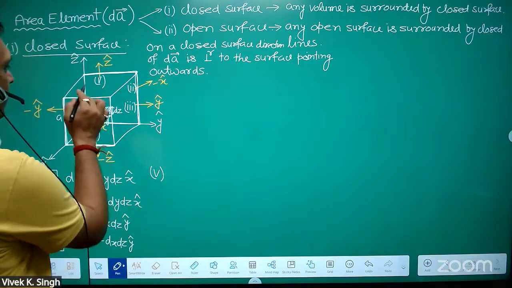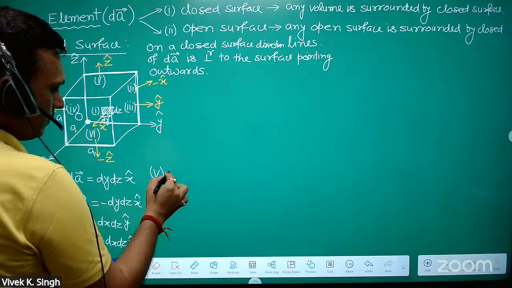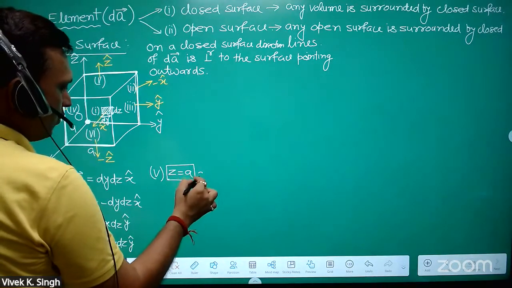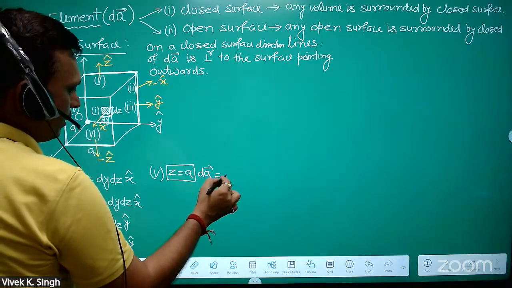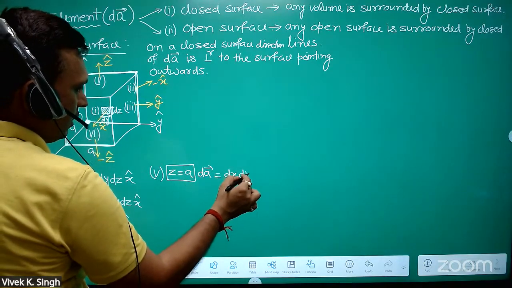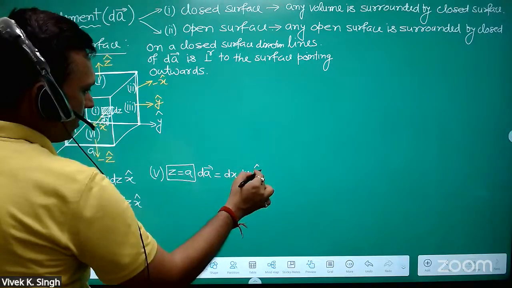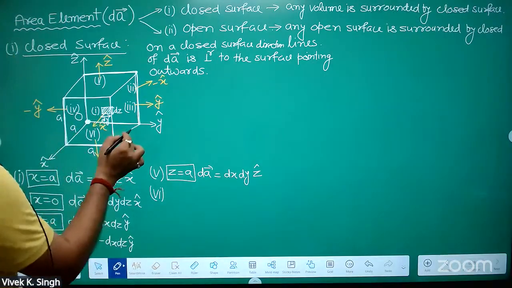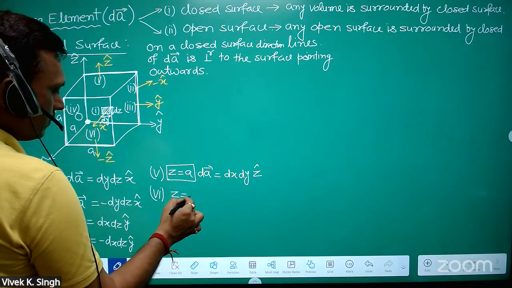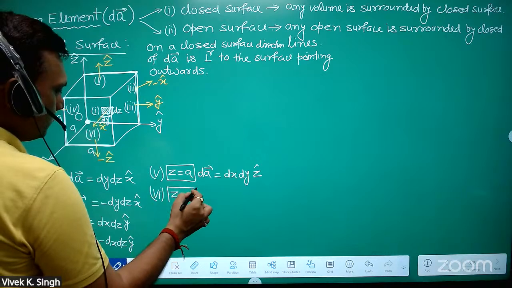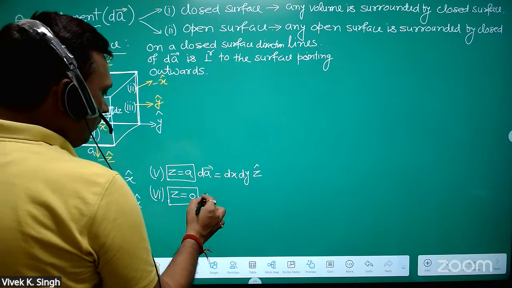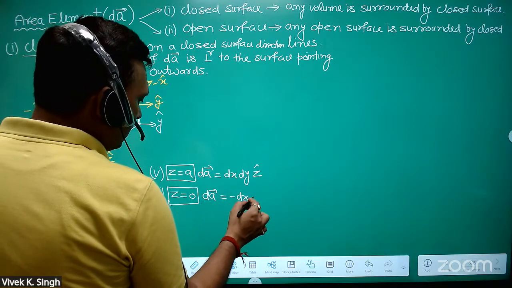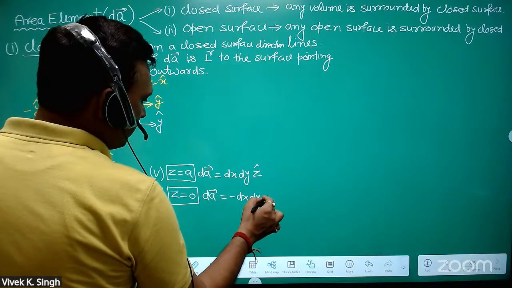Surface 5 is this surface, z is equal to a. z is fixed, so what will be the variables over this surface? x and y. So this is dx dy. Direction will be z cap. Surface 6th, this surface is z is equal to 0. So dA will be minus dx dy z cap.